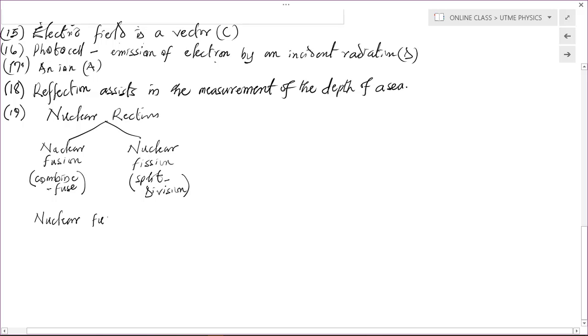From the word fusion, it means the combination of light nuclei, or at times they say nucleus, to form heavy nuclei and enormous energy.